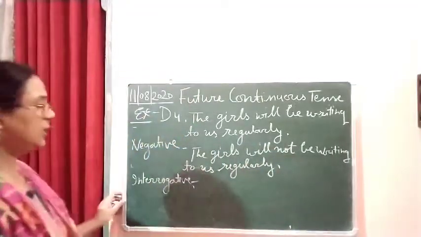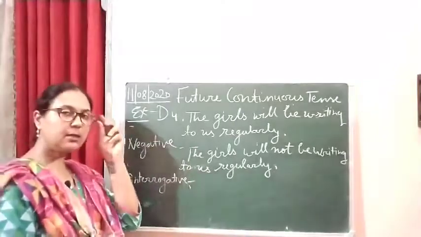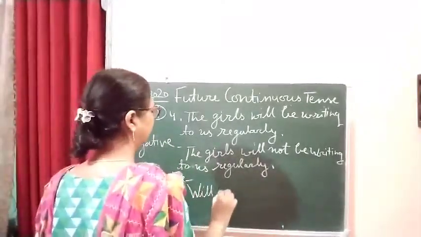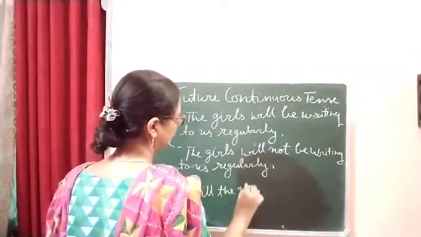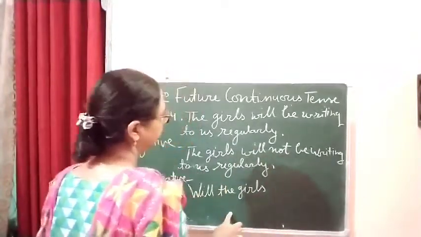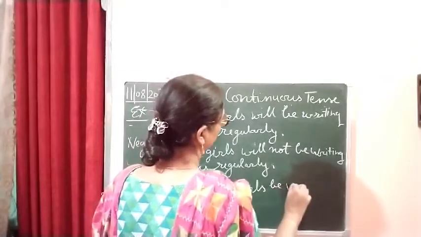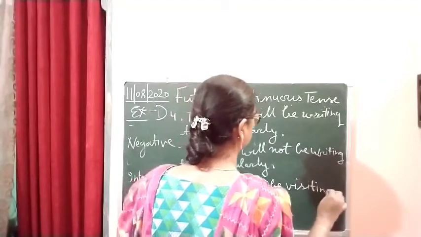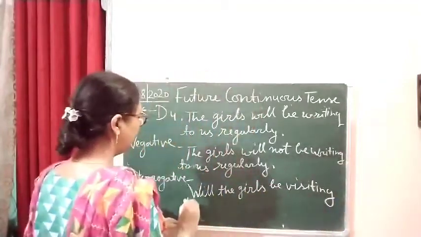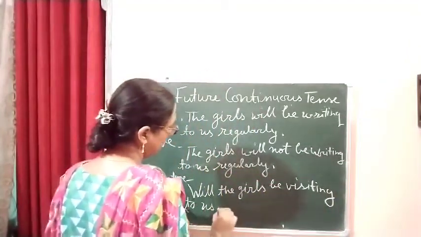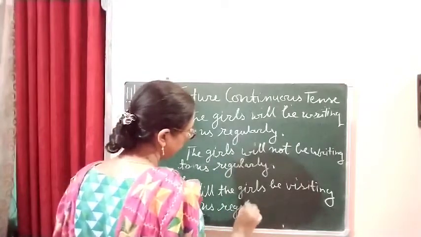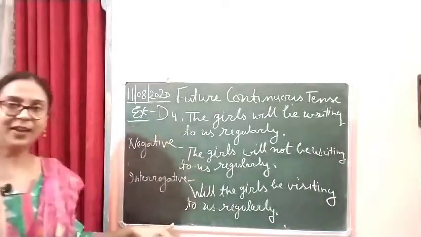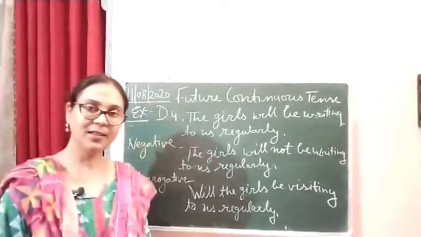Now here in interrogative we have to make this sentence: will the girls be writing to us regularly? So this way we have completed this exercise.